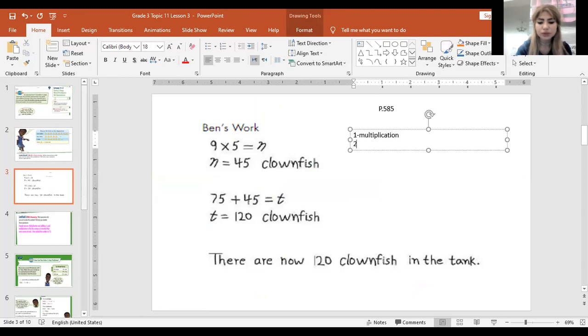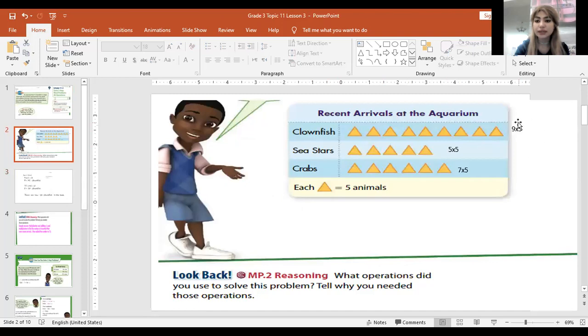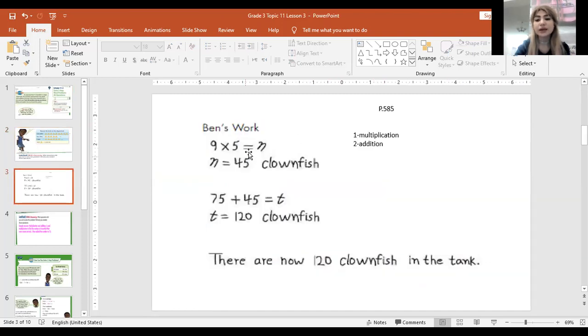Number 2, I will do the addition, because multiplication is stronger than addition. So 9 multiply 5, which is the number of clownfish added, equals n. What is n? As I told you, it's the unknown, the thing that I don't know. Or I can call it x, y, z, anything I want. N equals 45 clownfish.